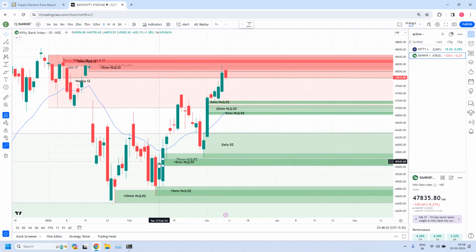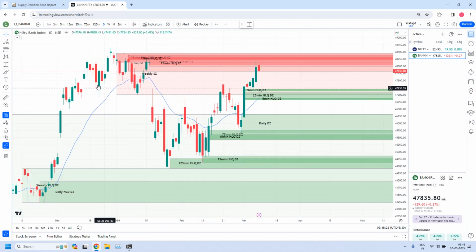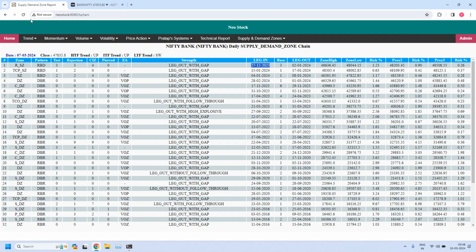So when is 27.12? I'm sorry, this is the supply zone. My bad, I am looking for the demand zone.